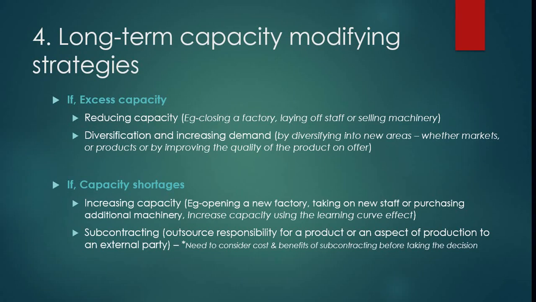To reduce our capacity, we can close some of our factories, sell some of our machines, or sack some of our employees. Those are the kinds of decisions we can take. If we reduce our employees, close our factories, or sell our machines, it means we are reducing our capacity permanently, right?